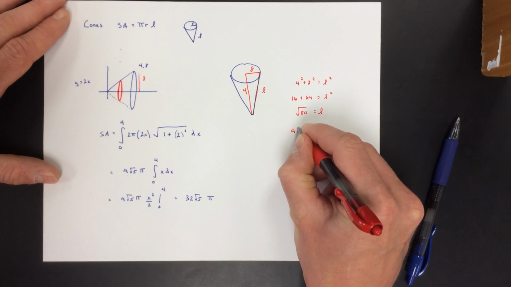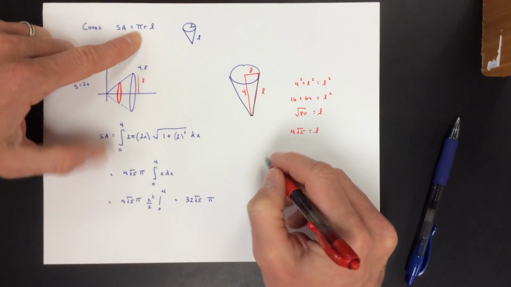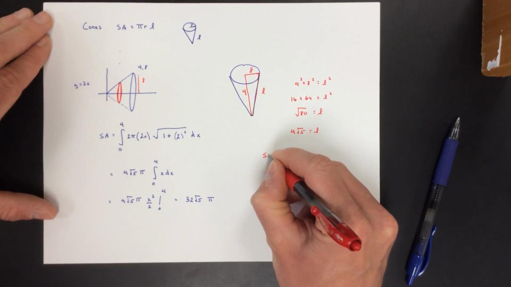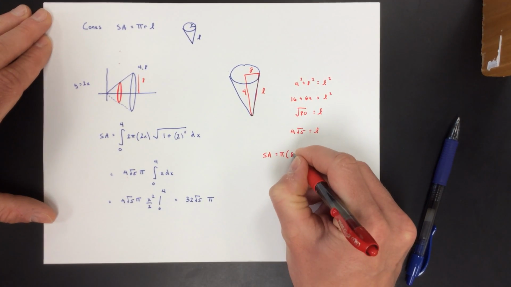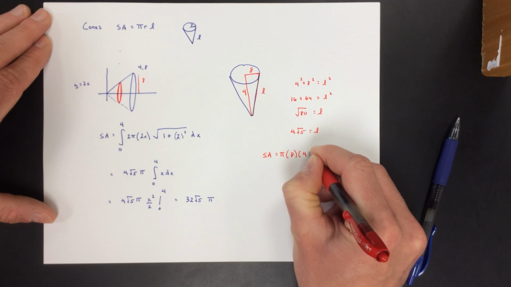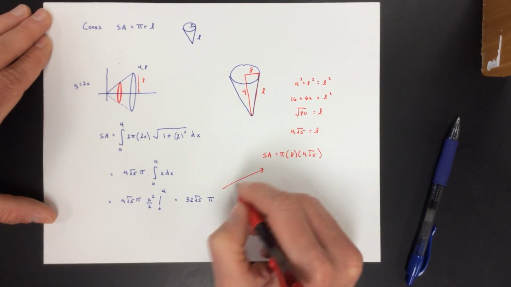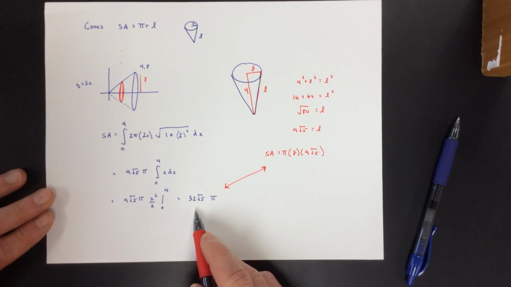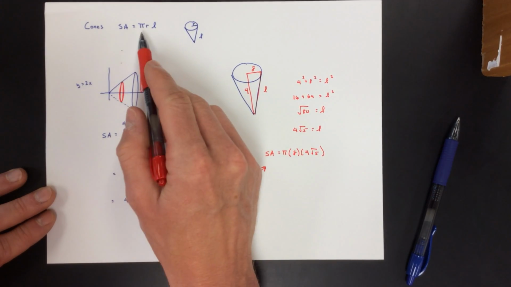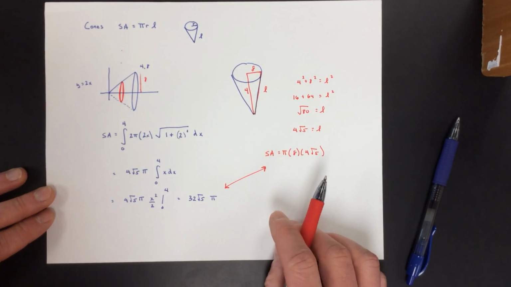So that's 4 radical 5 is L. And then our geometry formula that you believed from your geometry teachers is pi r L. And you can see that your geometry teacher wasn't lying to you, nor am I, and that the calculus derivation of the surface area of a cone and the geometry formula you memorized indeed give you the same result, which is kind of cool.